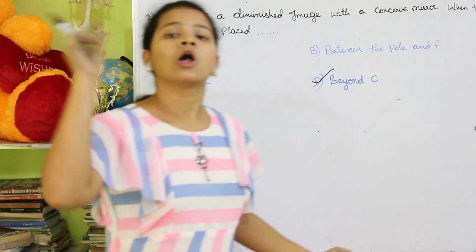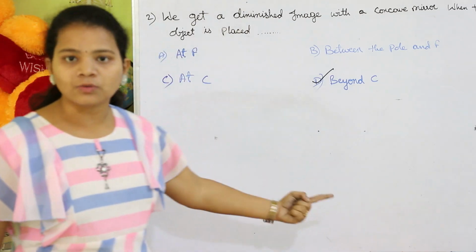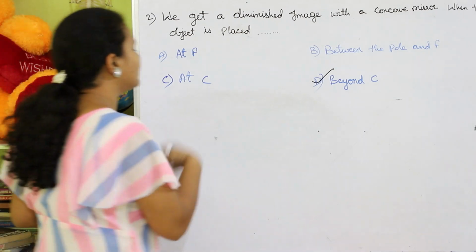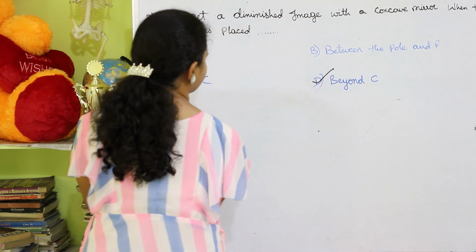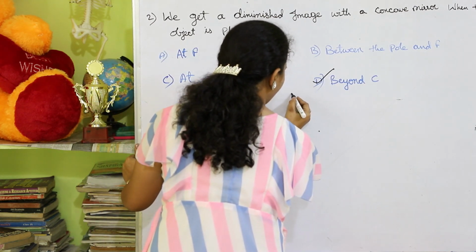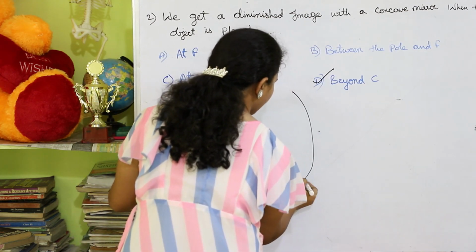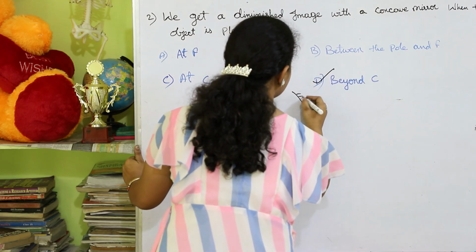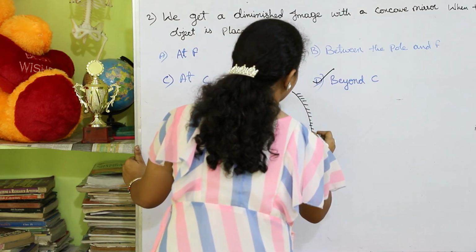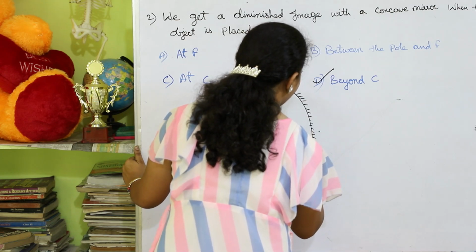Now let's draw the diagram according to the given question and understand it very clearly and briefly. Here you have this concave mirror. What type of mirror is this? Concave mirror.